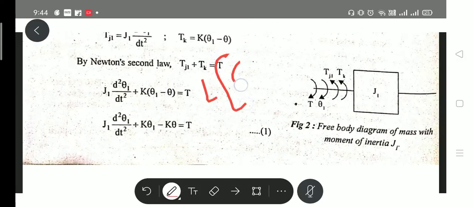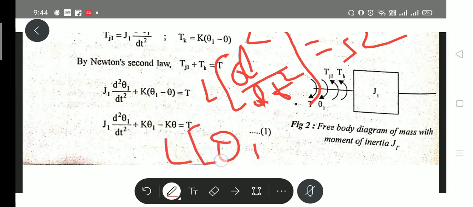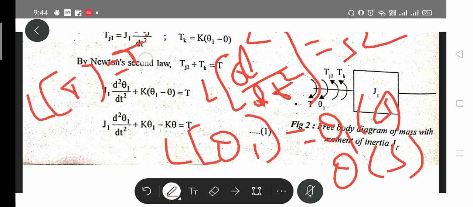Here the Laplace transform of theta 1 is theta 1 of s, the Laplace transform of theta is theta of s, and the Laplace transform of T is T of s. Substitute all those, applying the Laplace transform for all the elements, then we will get the equation.